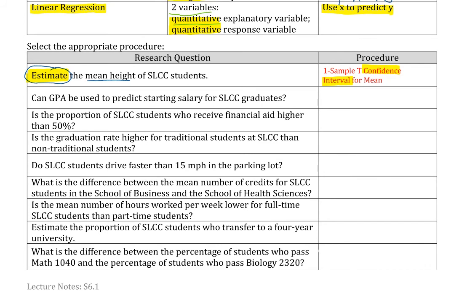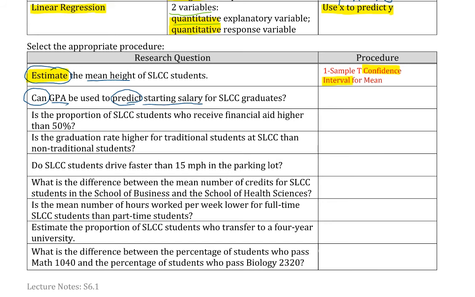Second question. Can GPA be used to predict starting salary? In this question, notice that GPA and starting salary are both quantitative variables since they take on numerical values that can be added and subtracted in meaningful ways.